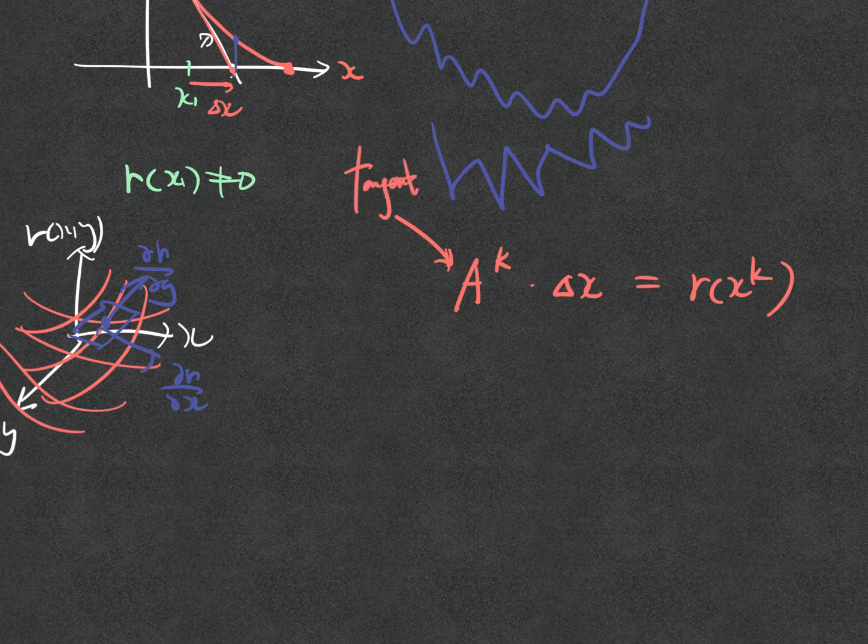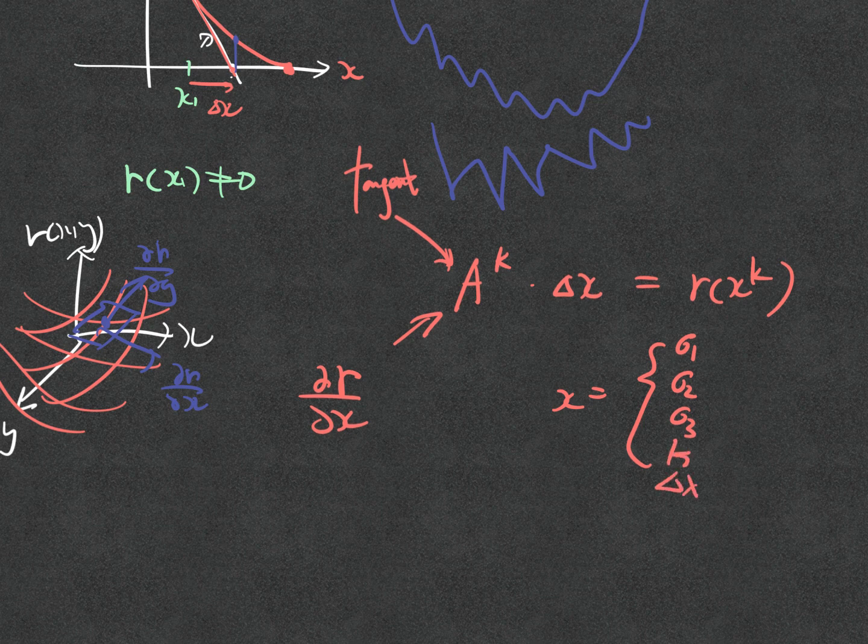And this tangent is actually obtained by what? It is simply the partial derivative of R with respect to x, and I need to define x. What is x? x is just the individual components that I need to update. I need to update the plastic multiplier, delta lambda. I need to update sigma 1, sigma 2, sigma 3, and I need to update kappa, right?